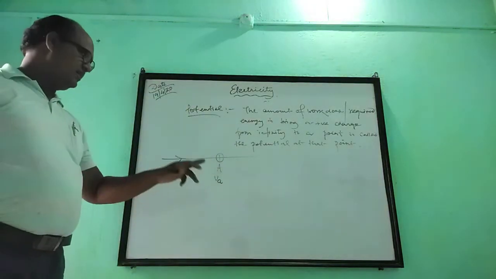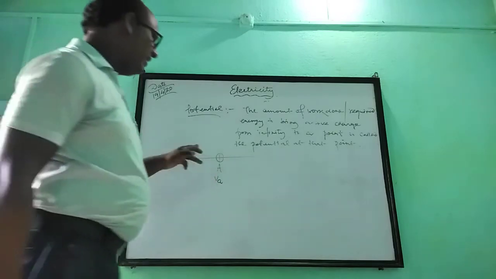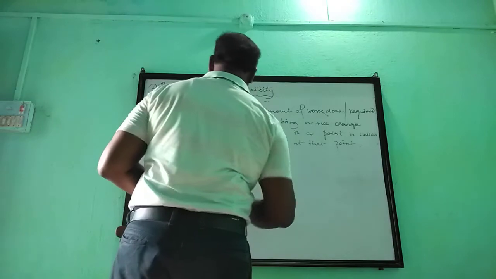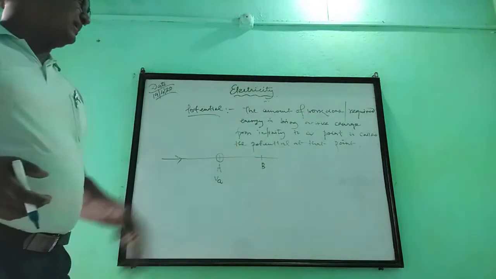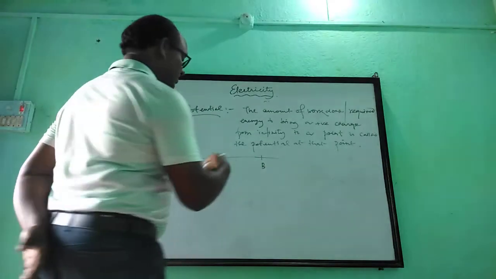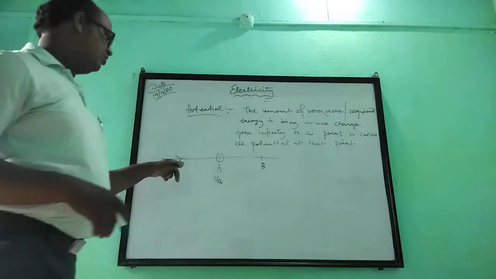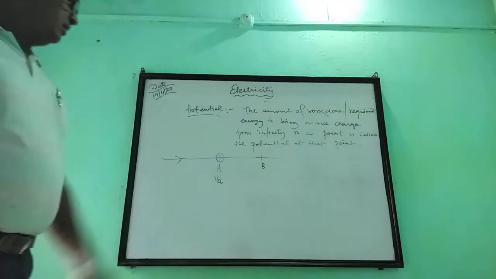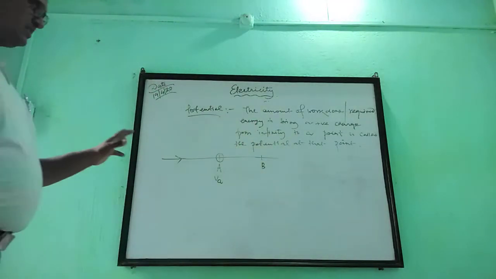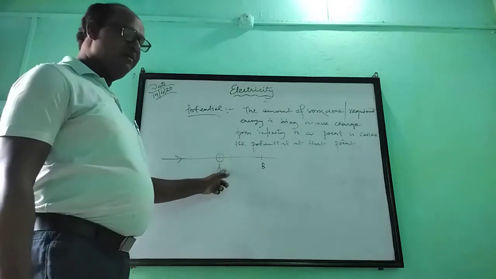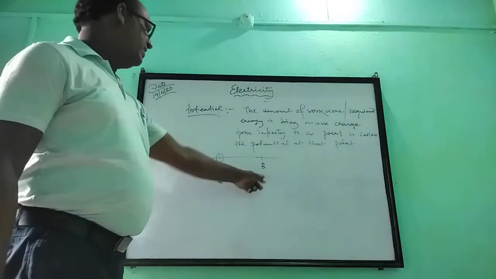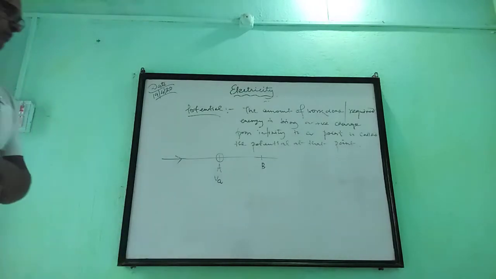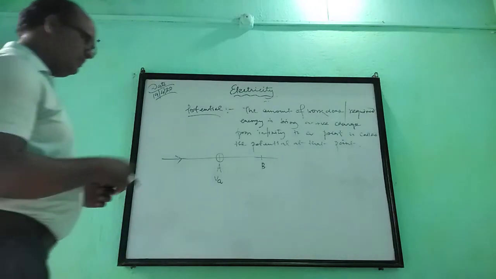If B is another point on the conductor, we generally notice that B is at a longer distance than A. A is nearer to infinity, B has some more distance than A.